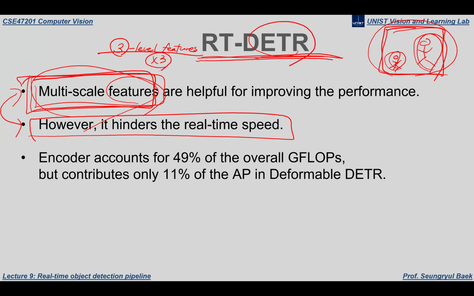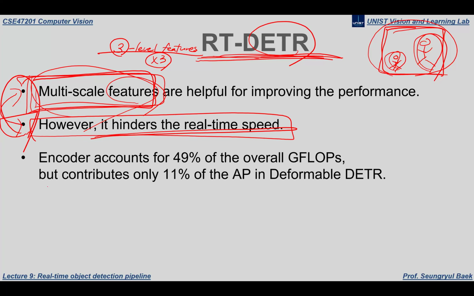So generating three-scale features normally means we may take three times the time complexity. So normally multi-scale features are not helpful for securing real-time speed. Okay, there's a trade-off between these two. But RT-DETR somehow wants to balance the trade-off between these two.